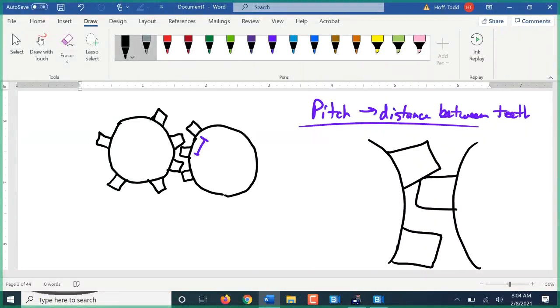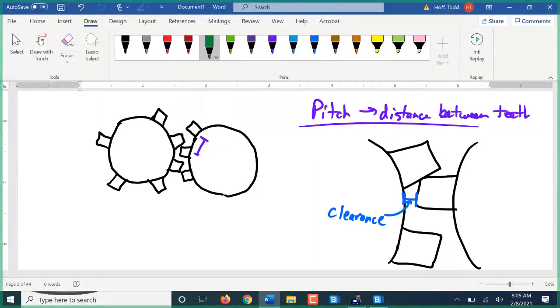You can see that that tooth does not go all the way in to touch the inner portion of the gear. That distance between the tip of the tooth and the hub of the other gear is called clearance. Distance that they penetrate each other.